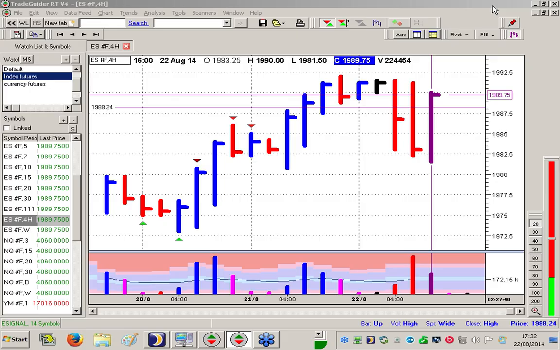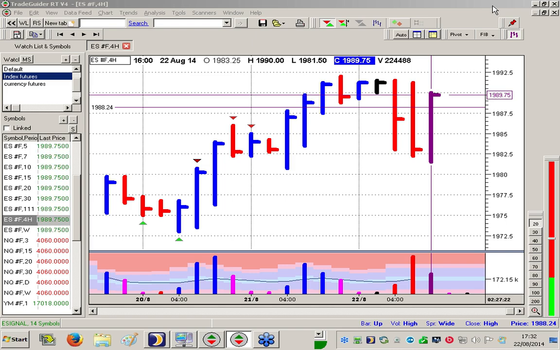So please read that, and even if you're familiar with it all, it doesn't hurt to keep repeating this stuff, because the markets do keep repeating themselves time after time. The same thing happens time after time.